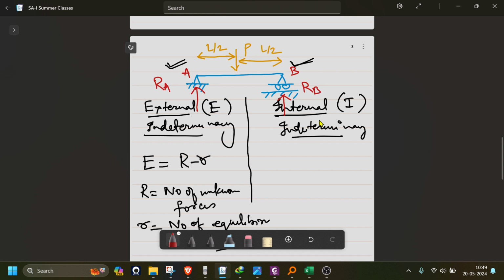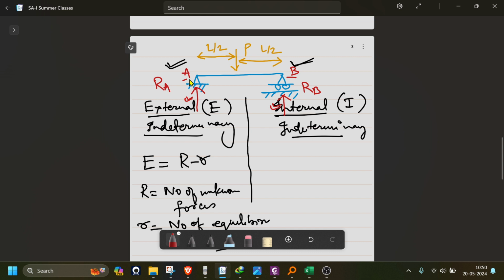A and B. What is A and B? A and B are the supports, right? So what are the unknown forces? The unknown forces are the reaction RA and the reaction RB, right? Okay. So how many unknown reactions we have?